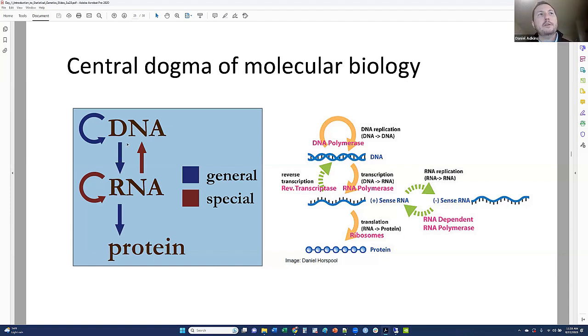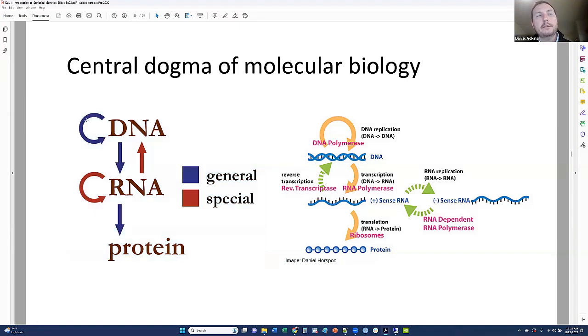So we see this causal pattern with DNA creating RNA and RNA creating protein. And then DNA is also self-replicating. So DNA can create itself as well. But basically, and again, we'll discuss some special cases where these principles don't hold.